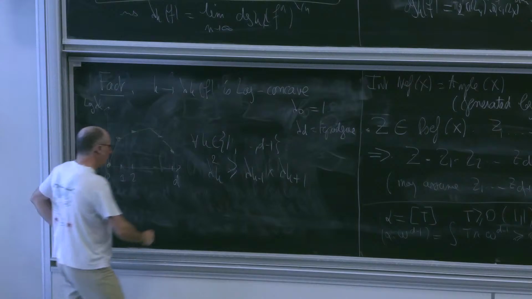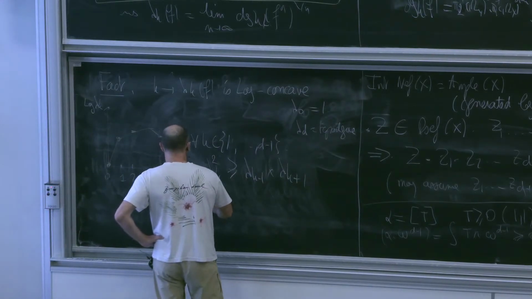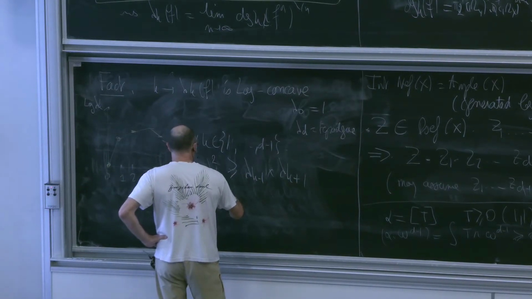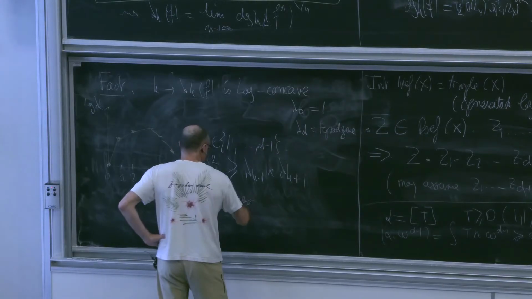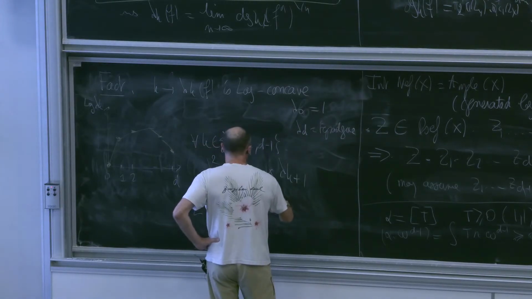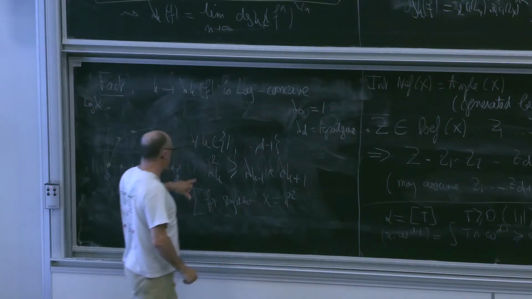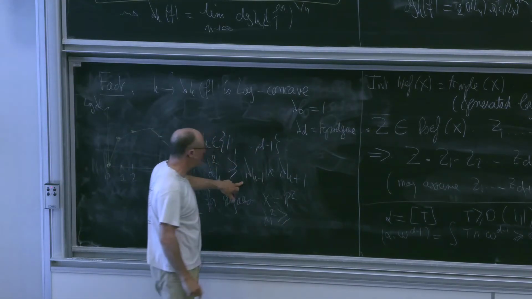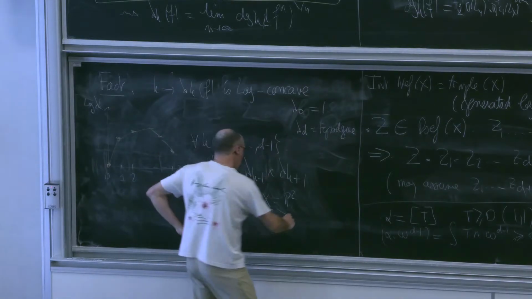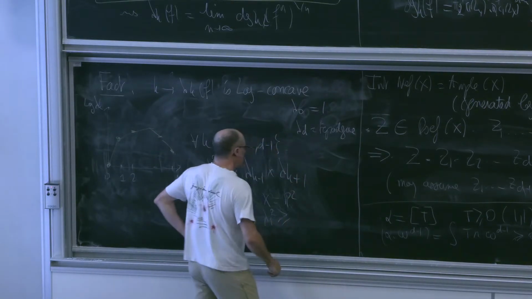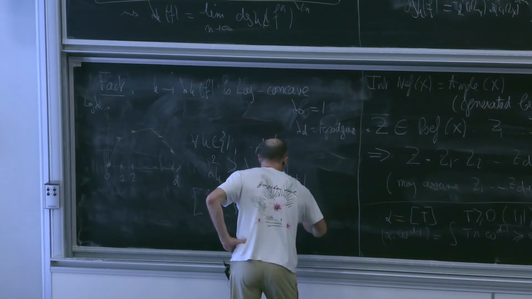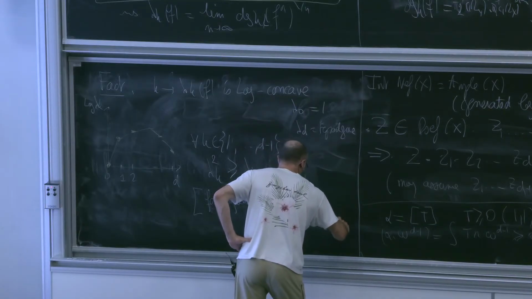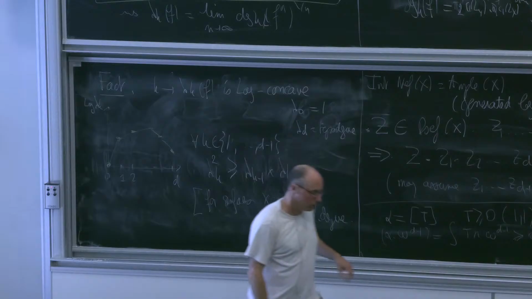I think I already explained this for surfaces, in the case of X equal to P2. This statement says that lambda 1 squared is at least lambda 0 times lambda 2. Lambda 0 is 1, lambda 2 is a topological degree. Okay?